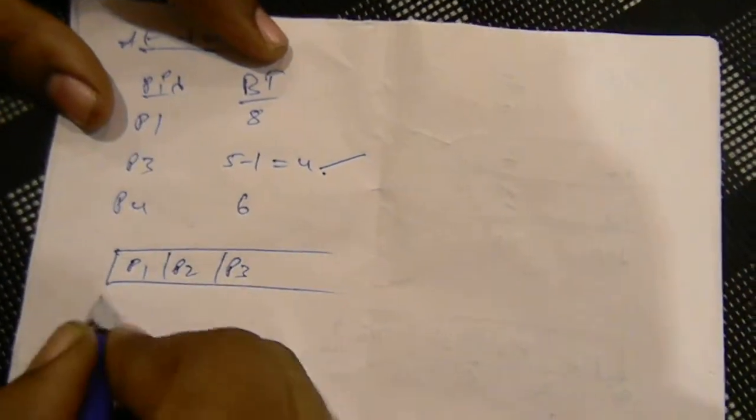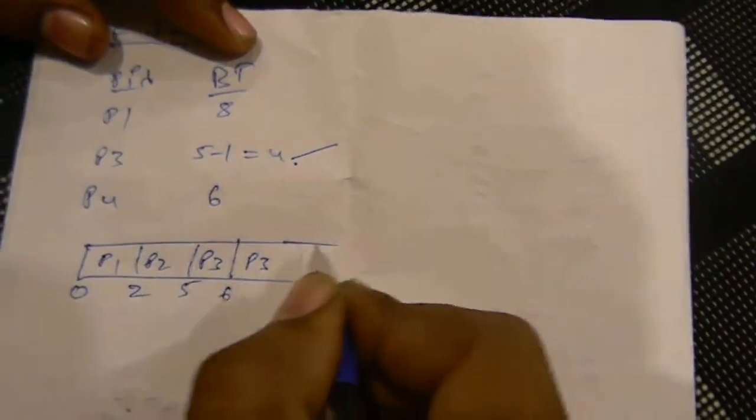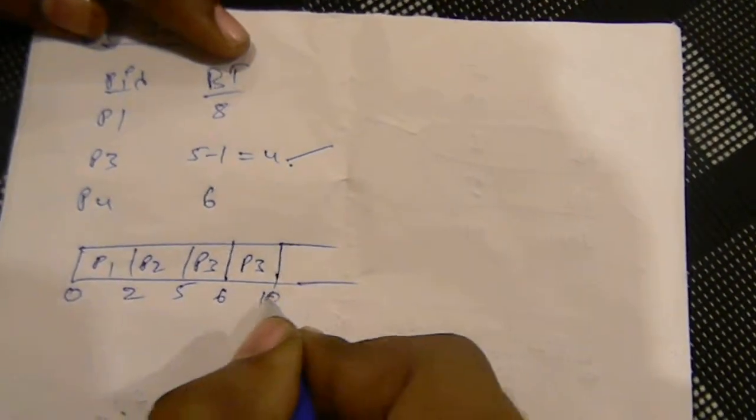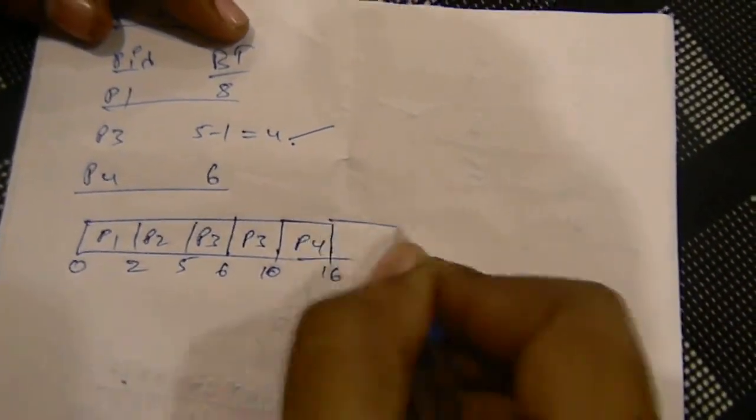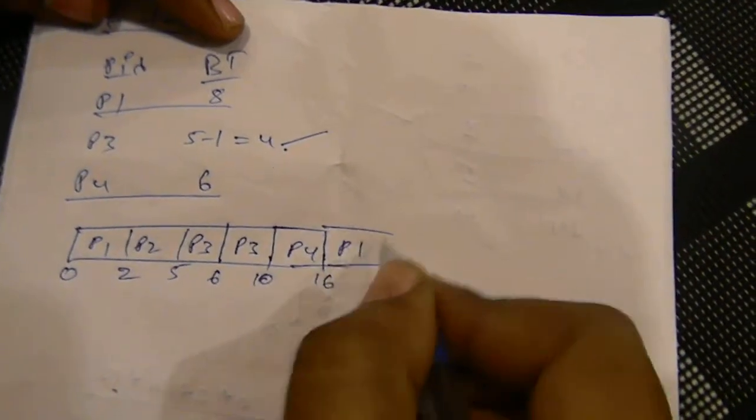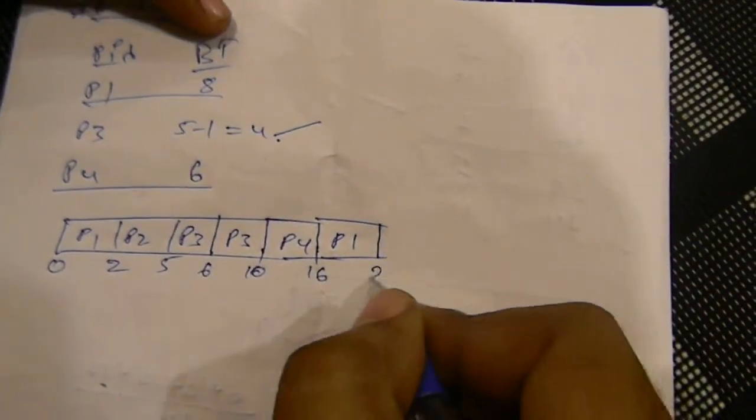Again P3 comes into execution and executes until its completion, that is until 10. Now we have only two processes, P1 and P4. Now P4 executes until 16 milliseconds. Then P1 enters the CPU and executes up to 24 milliseconds.